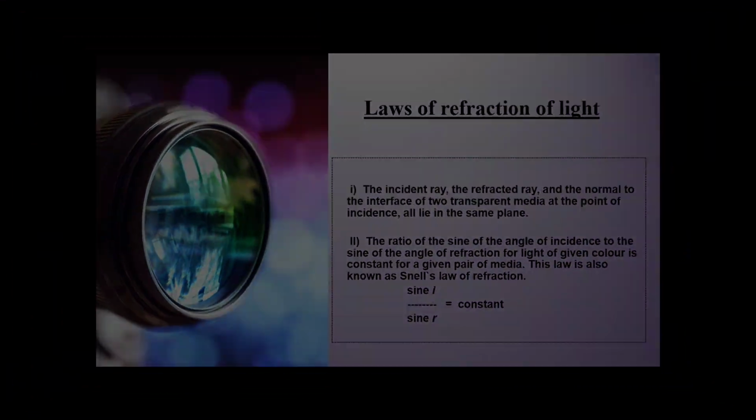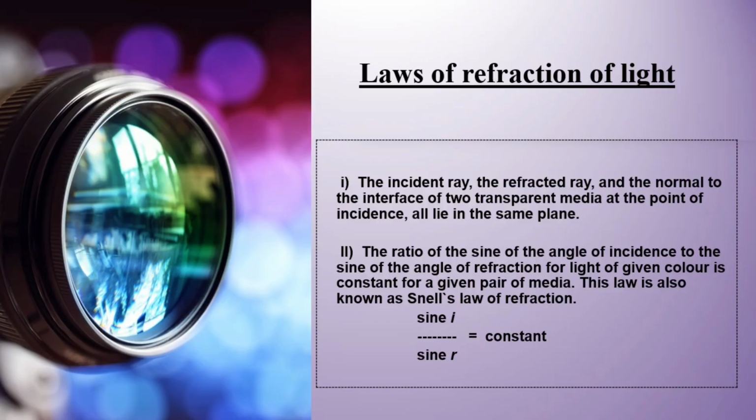Laws of refraction of light. The first law: the incident ray, refracted ray and the normal to the interface of two transparent media at the point of incidence all lie in the same plane.